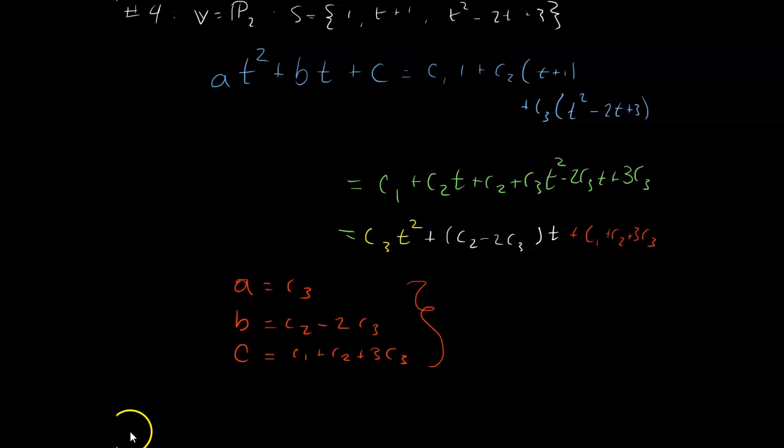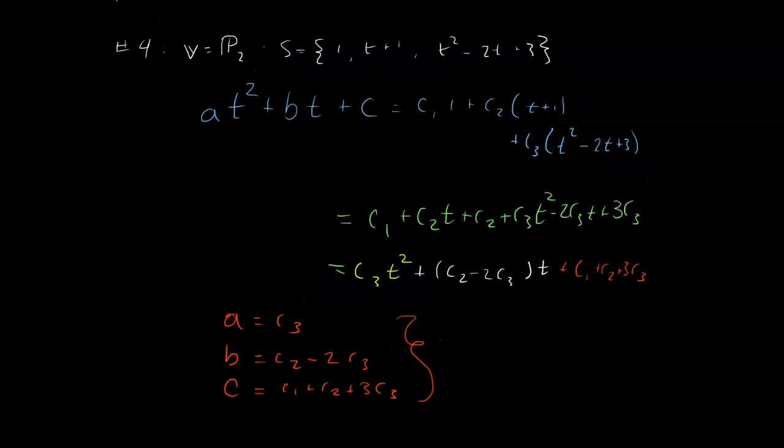Another way you might look at it is as follows. This is maybe the next level of thinking. Here, in the second degree polynomials, we have constants, which is 0th degree, 1st degree, and then 2nd degree. So we have 3 of them.